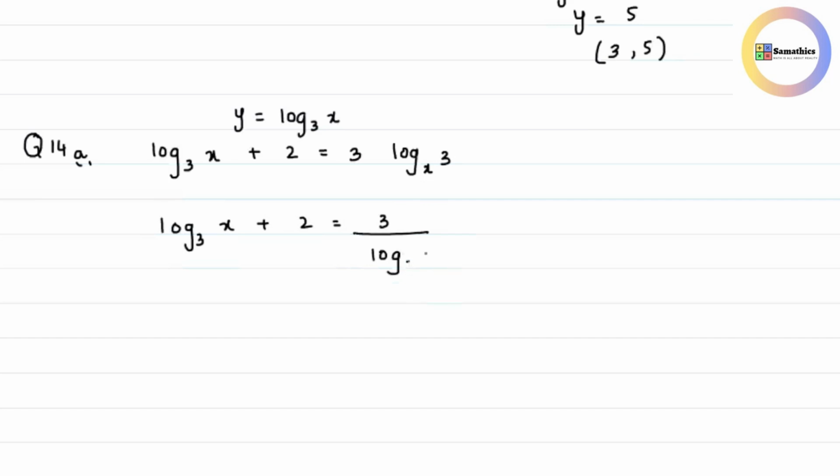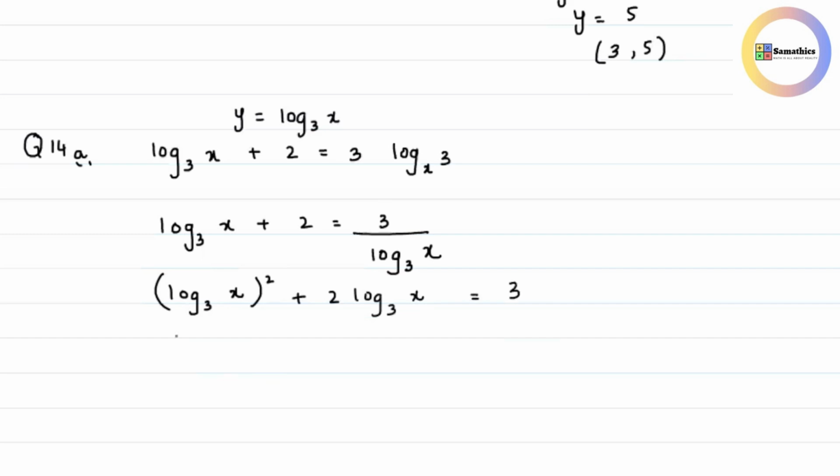So this will go here. And then you have to do cross multiplication. When you do cross multiplication, it becomes log base 3 of x, whole squared, plus 2 log base 3 of x, is equal to 3.